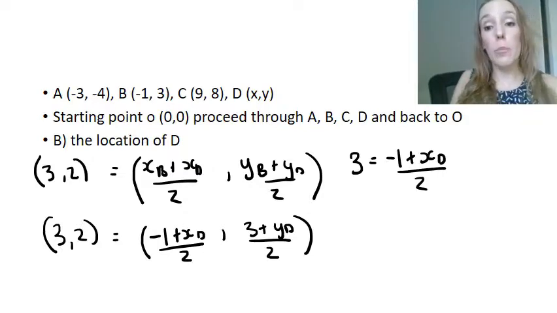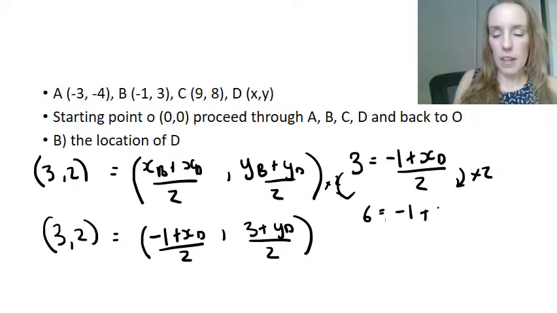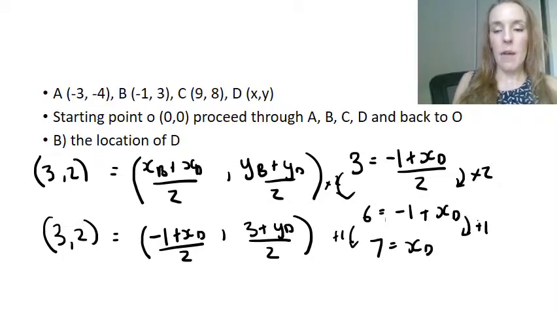I can just use algebra there to find out what the x coordinate of D is. I'm going to multiply both sides by 2 first. 3 times 2 is going to give me 6. So -1 plus the x coordinate of D is going to equal 6. I'm going to get rid of that -1 by adding 1 to both sides. So we now know that the x coordinate for D is going to equal 7.